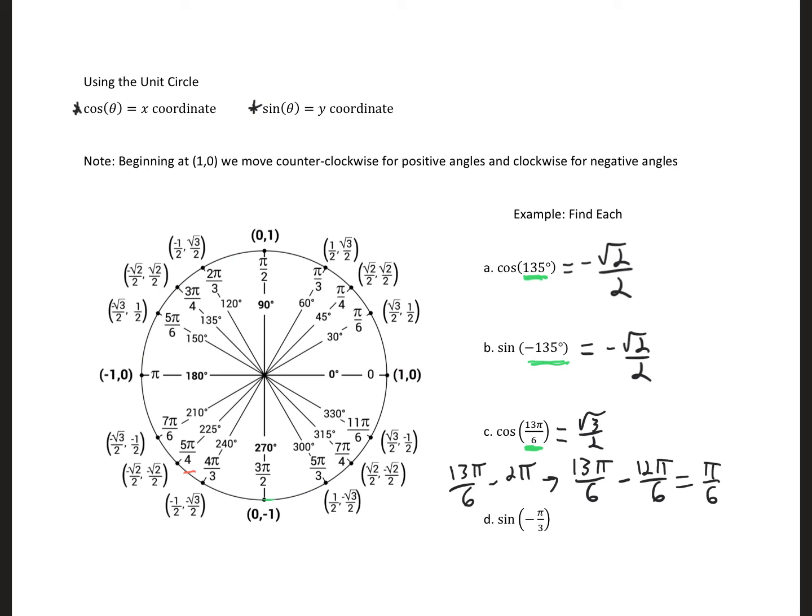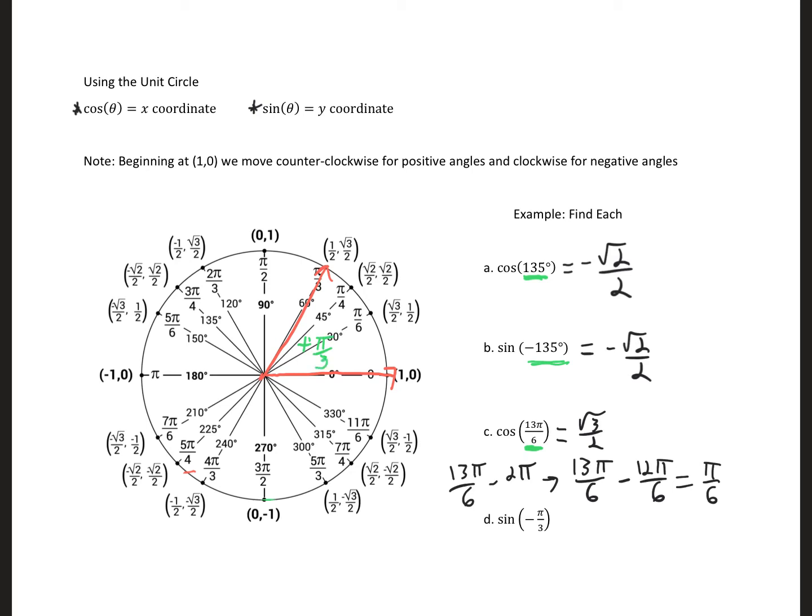Lastly, we're asked about sine of negative pi over 3. Well, imagine if you were asked about positive pi over 3. This would be the angle for positive pi over 3.